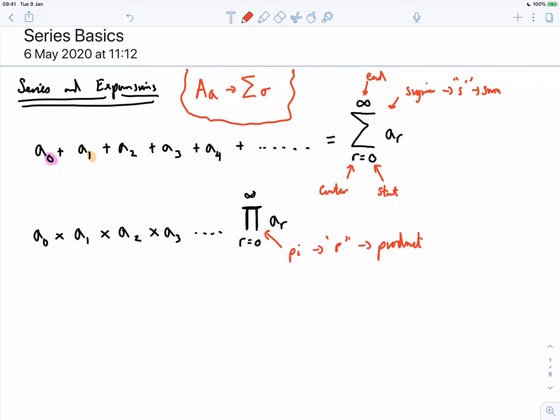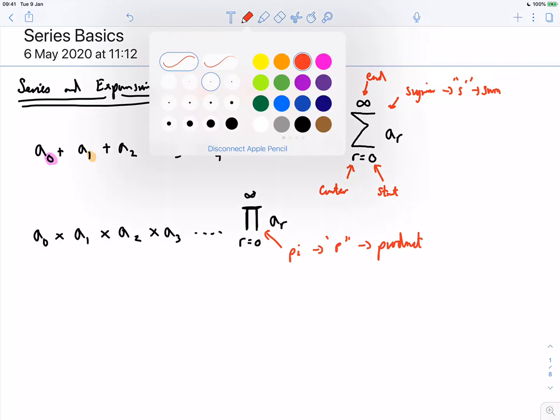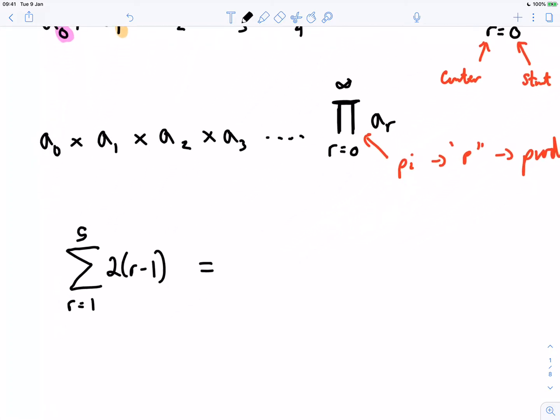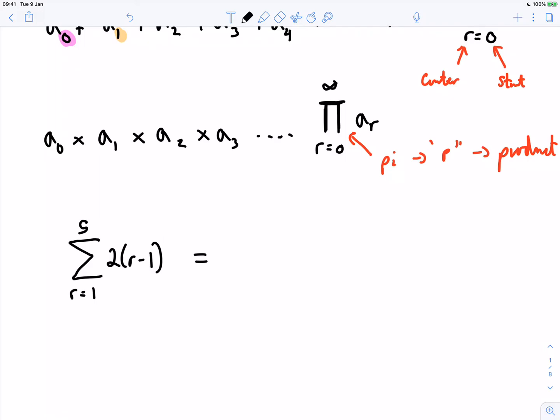So suppose I wanted to evaluate something like this. Let's suppose I wanted to evaluate the sum from R is 1 up to, say, 5 of 2 lots of R minus 1. Well, the first term is when R is 1. So what is 1 minus 1? That's 0 times 2. So we've got 2 times 0.